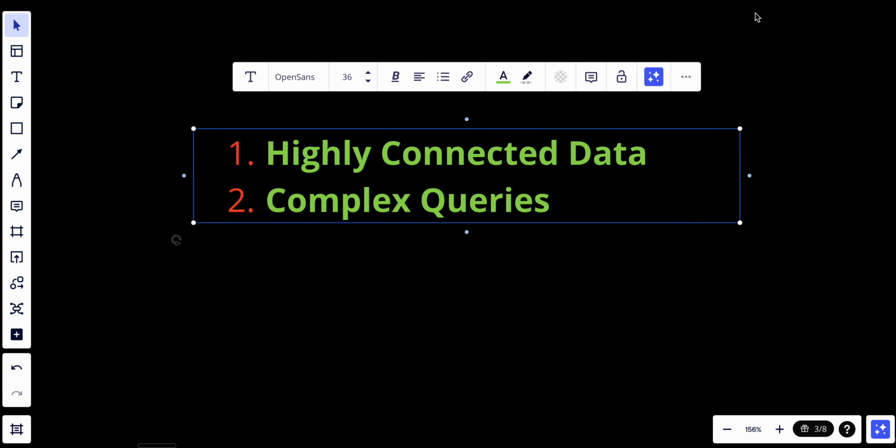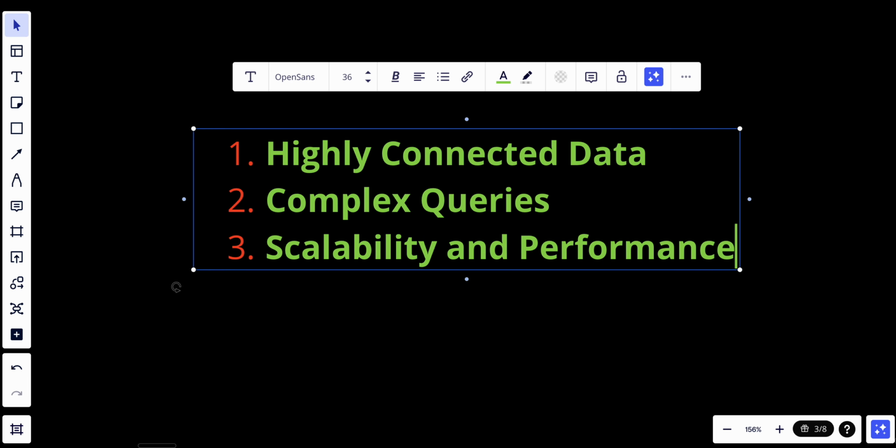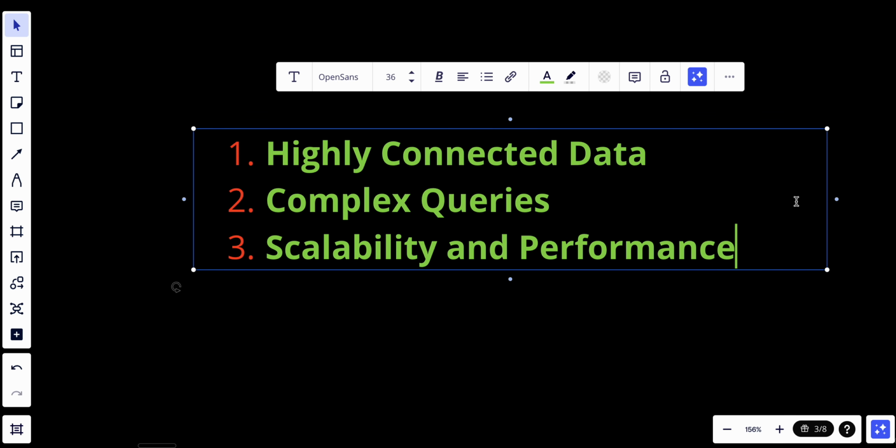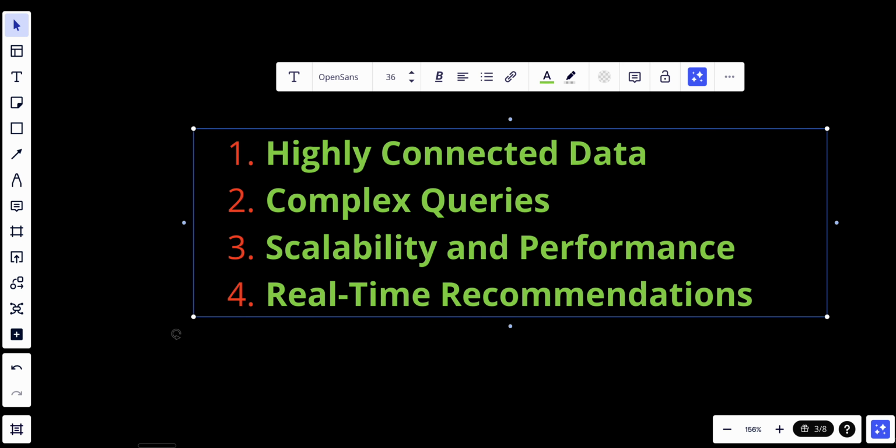Also, it's great for scalability and performance. Graph databases are designed to scale horizontally to handle large and growing datasets. If you anticipate the need for scaling and high performance queries, graph databases are a good choice. Also, it's great when it comes to real-time recommendations.